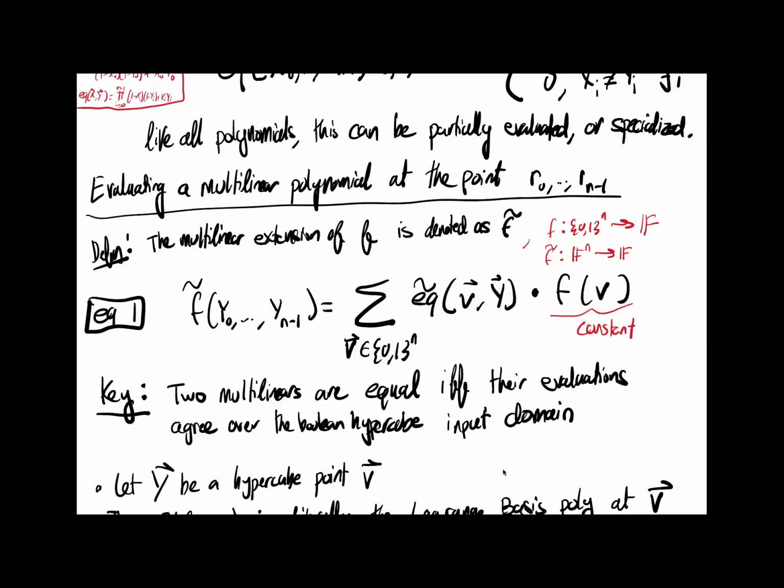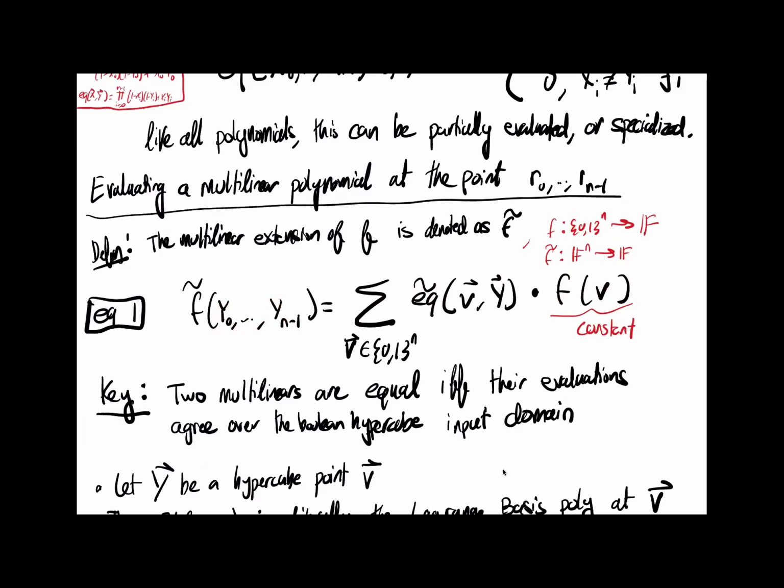Okay? You should convince yourself that this f tilde is indeed multilinear, because every single term in it, every single monomial in it, is going to be multilinear, because we know EQ is multilinear, and this is just a constant. You should also convince yourself that if we were to pass in some value for these y's that was a bit string, it would agree with this function f on the same bit string value.